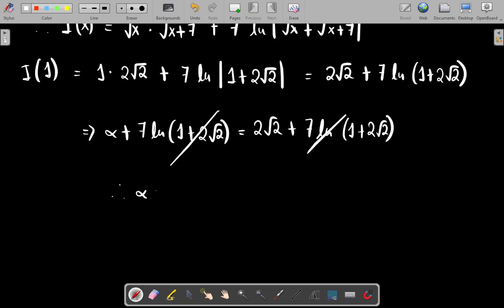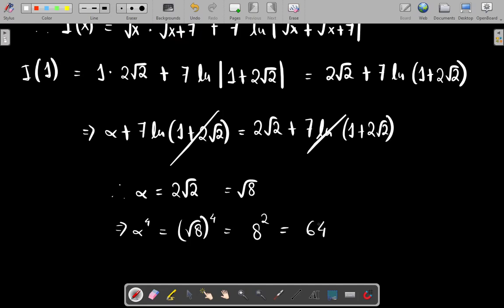So we get the value of alpha is equal to 2 root 2, okay, or root 8, whichever you prefer. So alpha raised to the power 4 is nothing but root 8 raised to the power 4, which is equal to 8 raised to the power 2, right? So this becomes 64. So this is the required value of alpha raised to the power 4, okay? This is the required final answer.